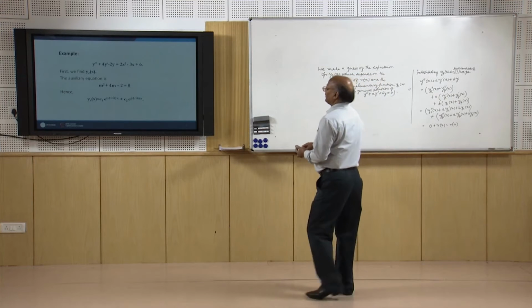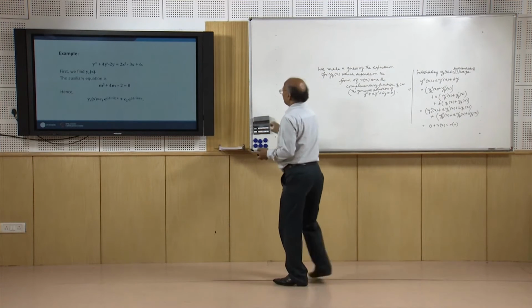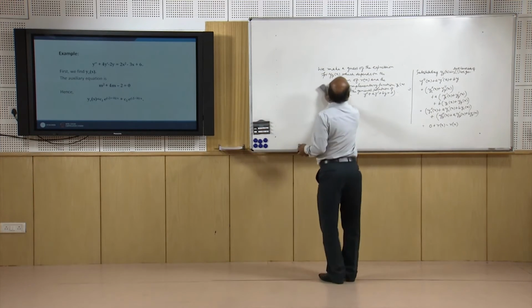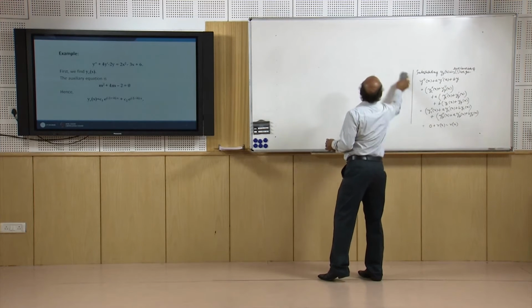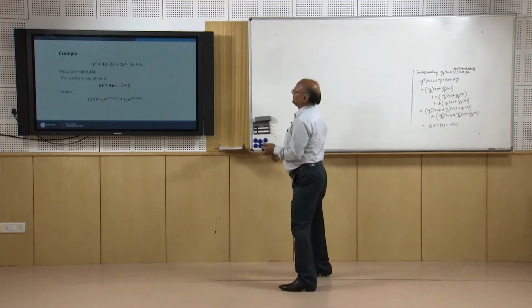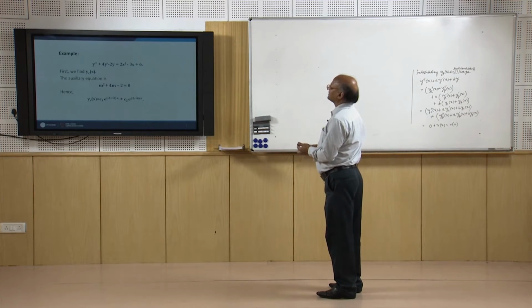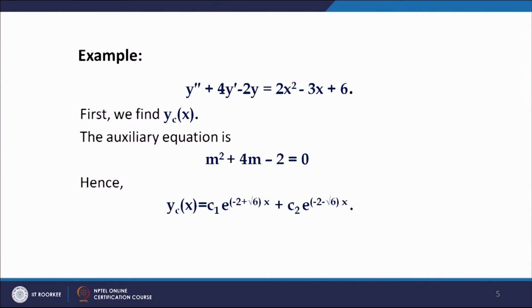Now, let us take an example, say y double dash plus 4y dash minus 2y equal to 2x square minus 3x plus 6. So, here we can see R(x) is a polynomial in x of degree 2. Now, first we shall find y_c(x).